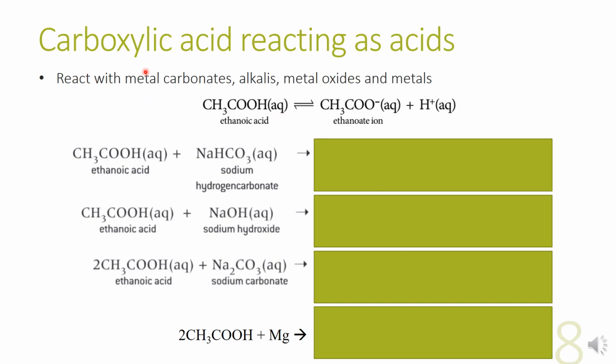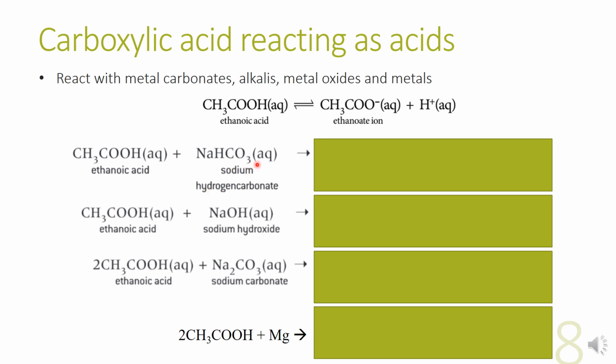Okay, moving on to how this carboxylic acid reacts with other compounds, such as metal carbonates, alkalis, metal oxides, and metals. So how does our acid react with these somewhat basic substances? Okay, so we have ethanoic acid.